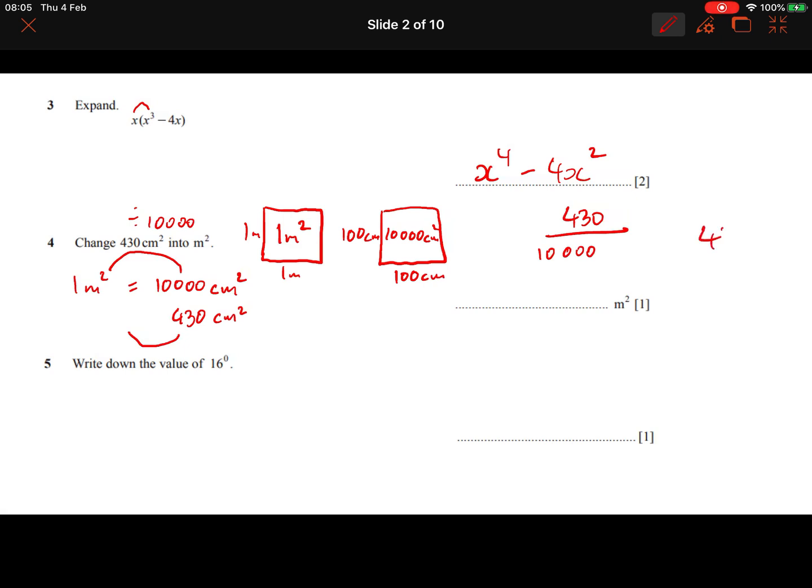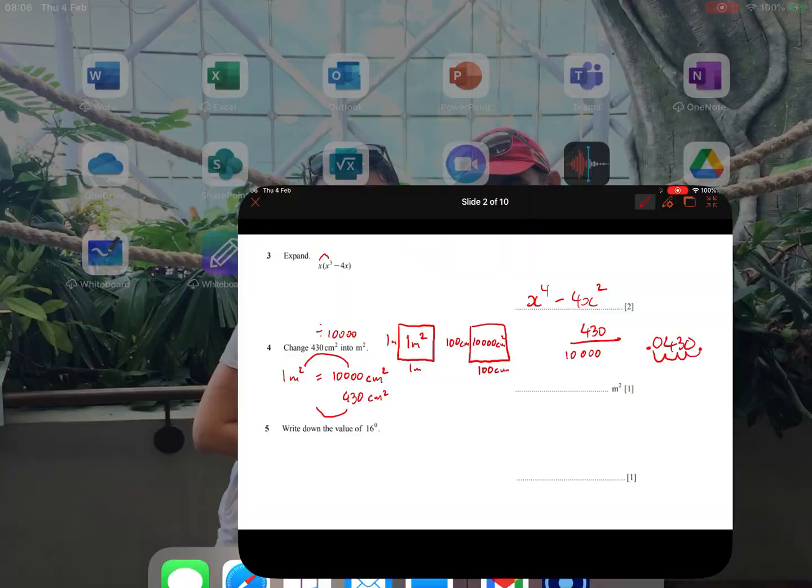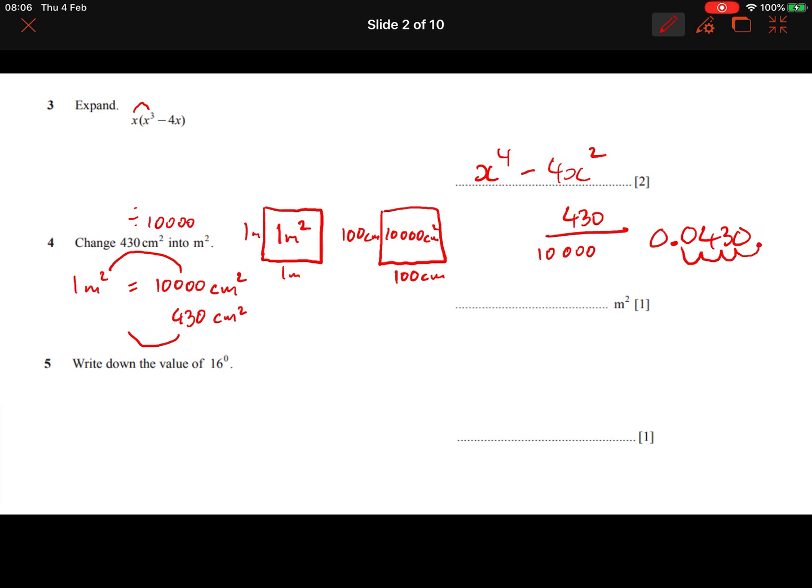So 430 has its decimal point there. Move it 4 places to the left: 1, 2, 3, 4, and fill in the gaps. It will be 0.043 metres squared.